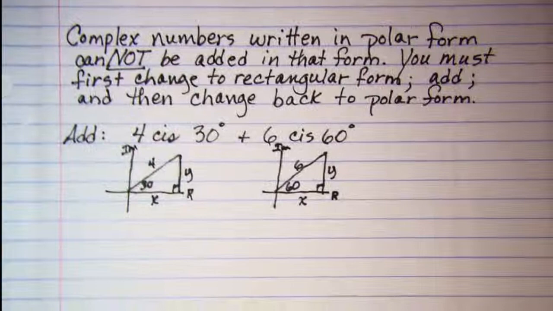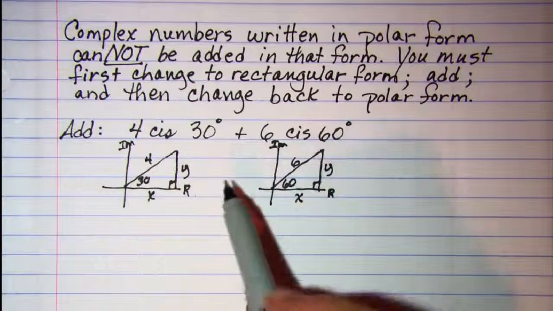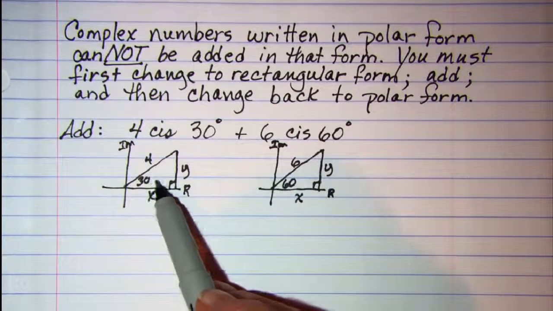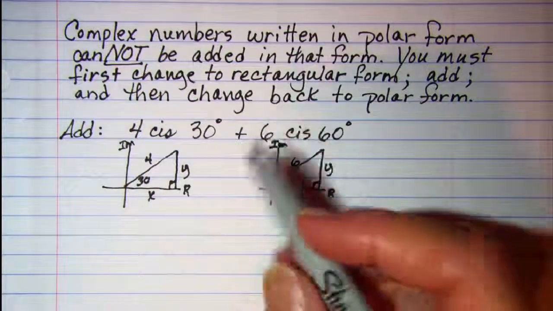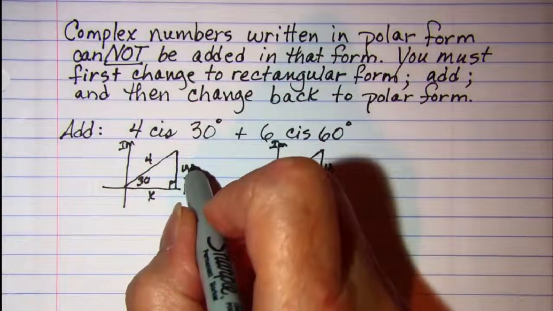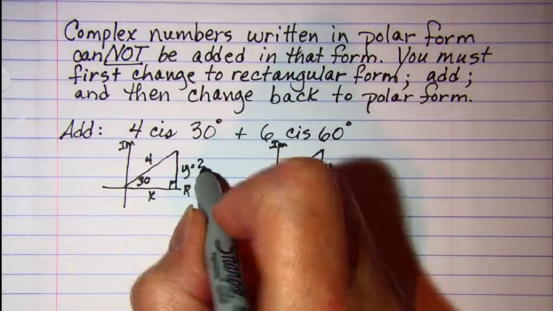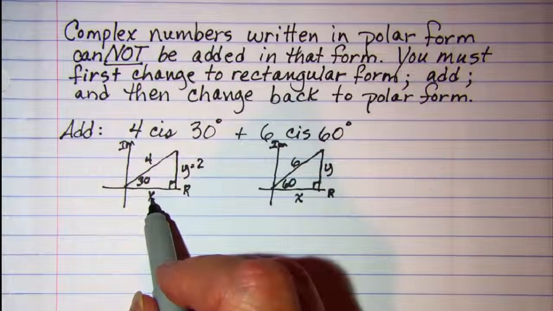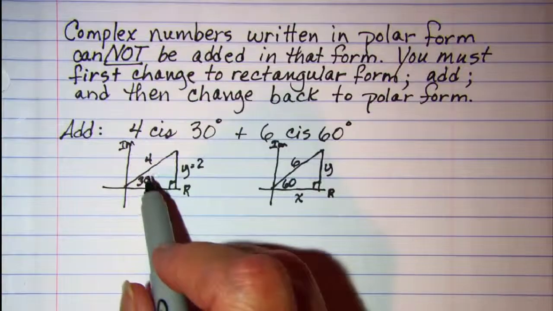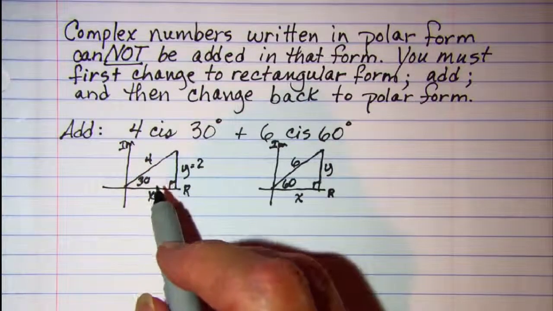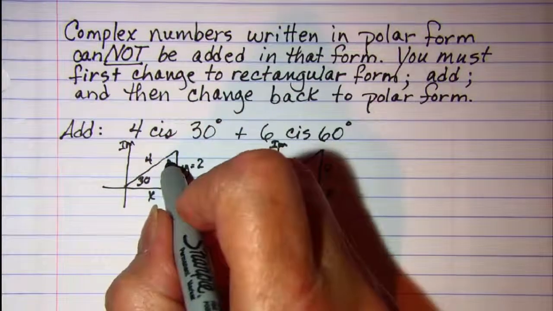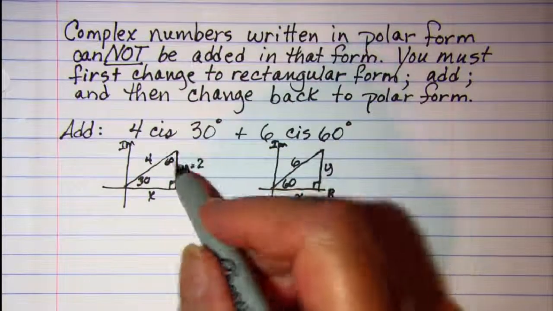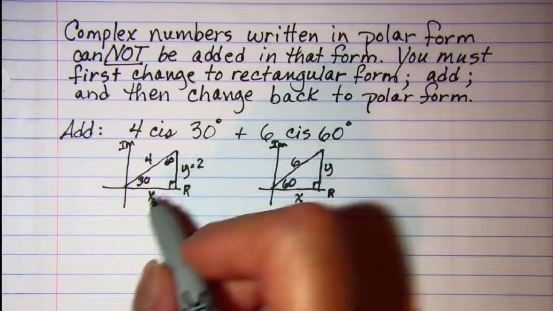Right, now these are both our special triangles. The side opposite the 30 is half the hypotenuse, so this is 2. The side adjacent to the 30 is half the hypotenuse times the square root of 3. Or if you want to think of this as being the 60, it's the side opposite the 60.